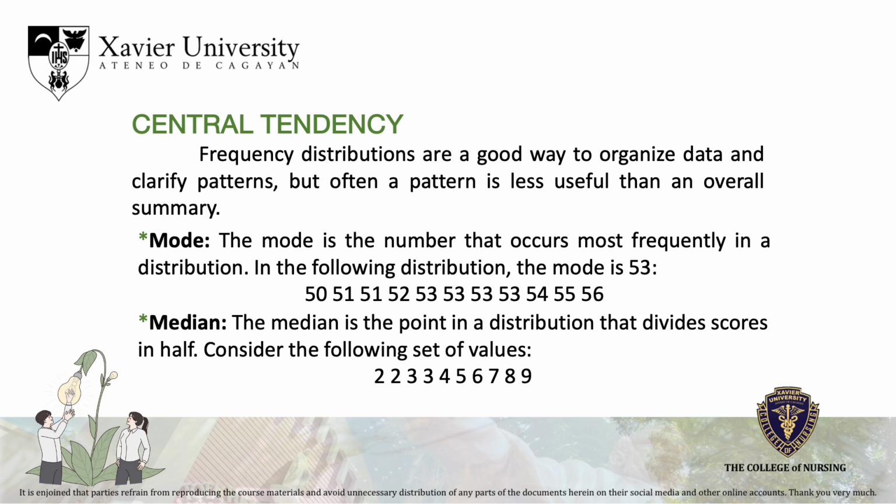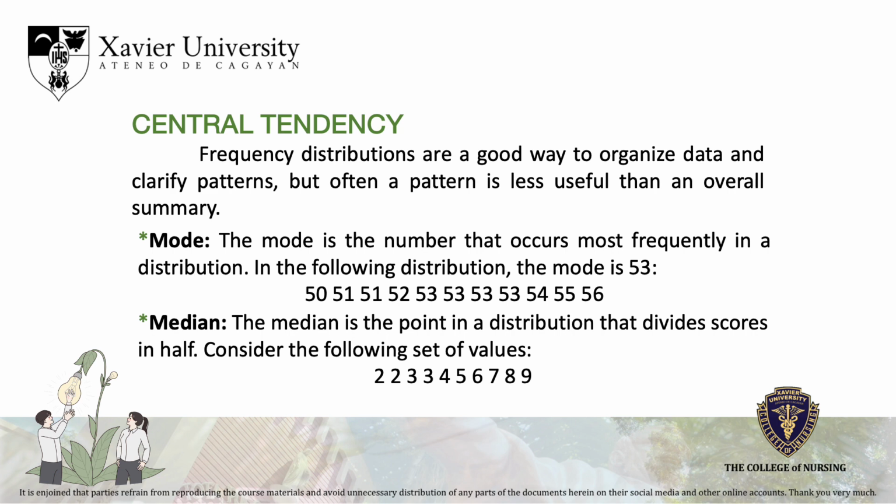It really depends on the tools you use, and on what type of study you conducted. When we talk about mode, the mode is the number that occurs most frequently in a distribution. In the following distribution, the mode is 53 from our example. We have 1, 2, 3, 4.